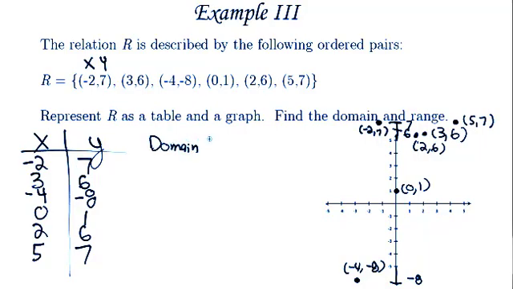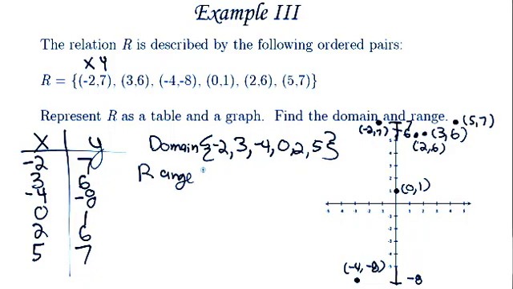The domain is going to be my set of x values. And I have minus 2, it's easier to look at it in the table form, 3, negative 4, 0, 2, and 5. For the range, I have 7, 6, negative 8, 1.